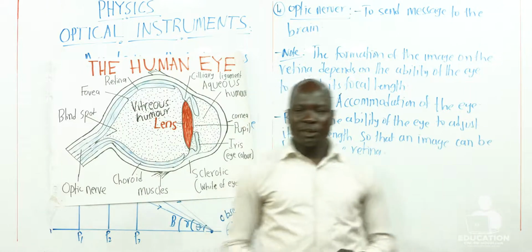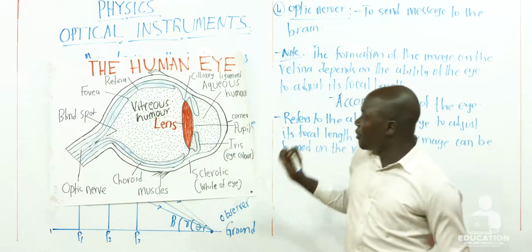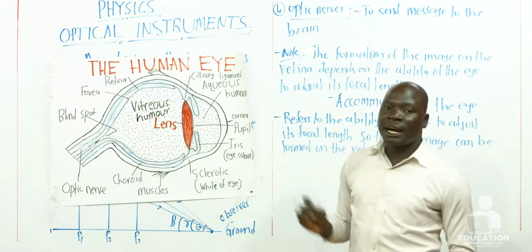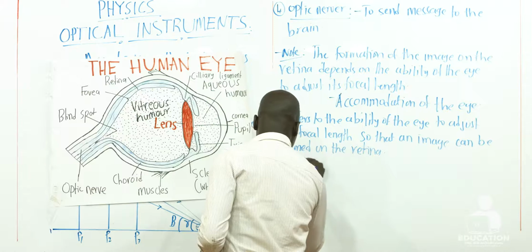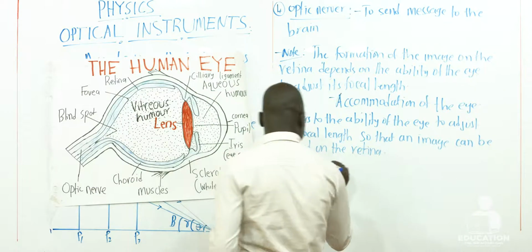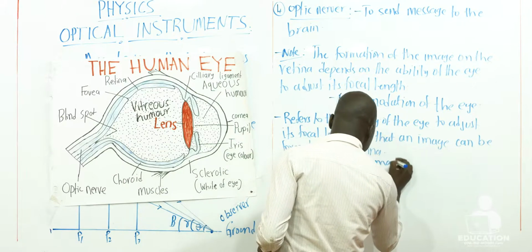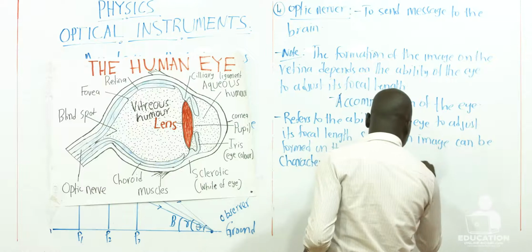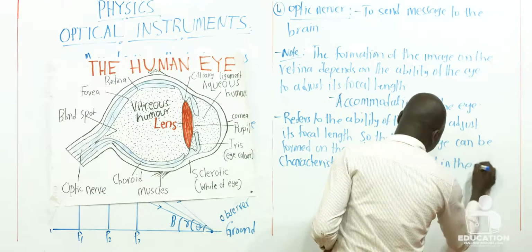So now, dear learners, what characteristics does the image that is formed on the retina have? So let us look at the characteristics of the image formed in the human eye.